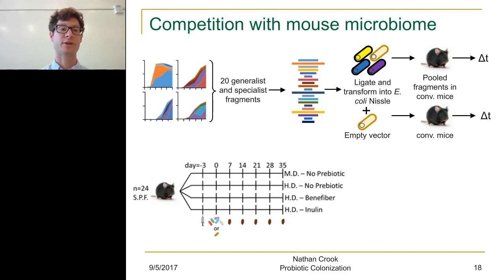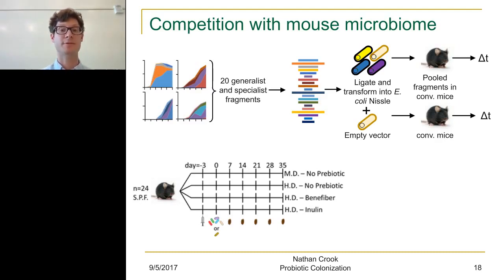What we did was we took 24 specific pathogen-free mice and allowed them to equilibrate in their habitats, but we also had to give them antibiotics 3 days before gavage of our E. coli. That was because conventional mice actually exhibit high colonization resistance to E. coli Nissle.